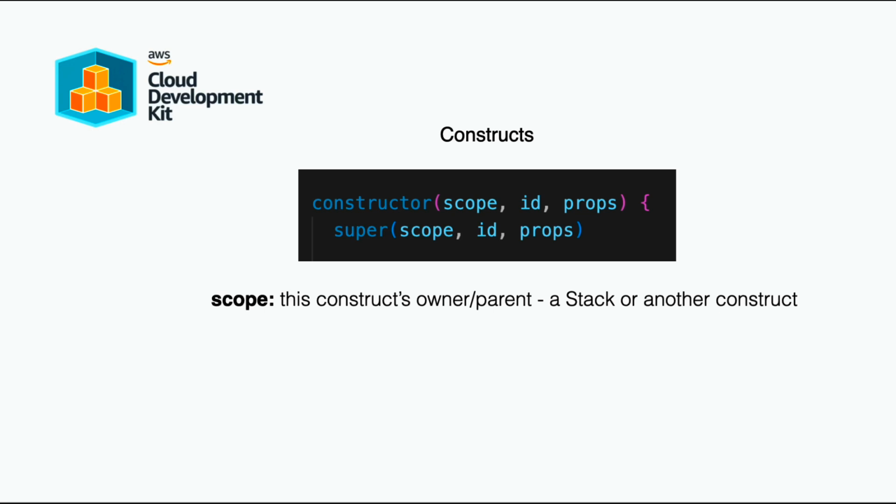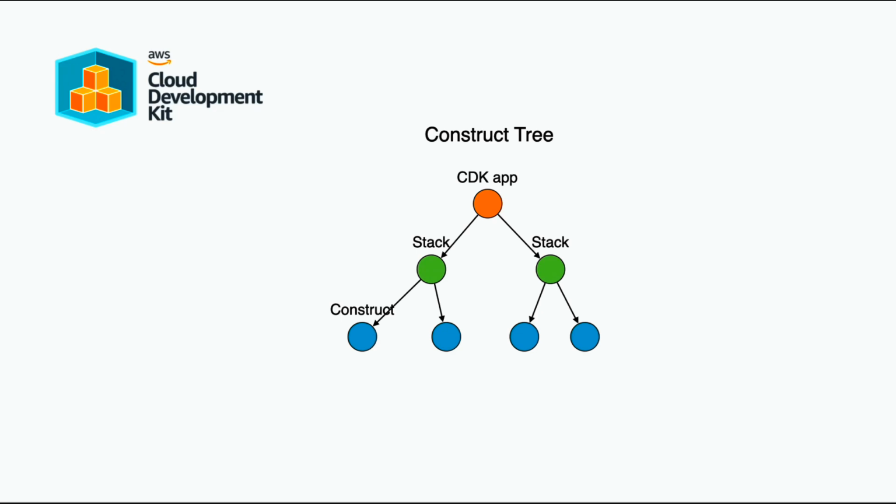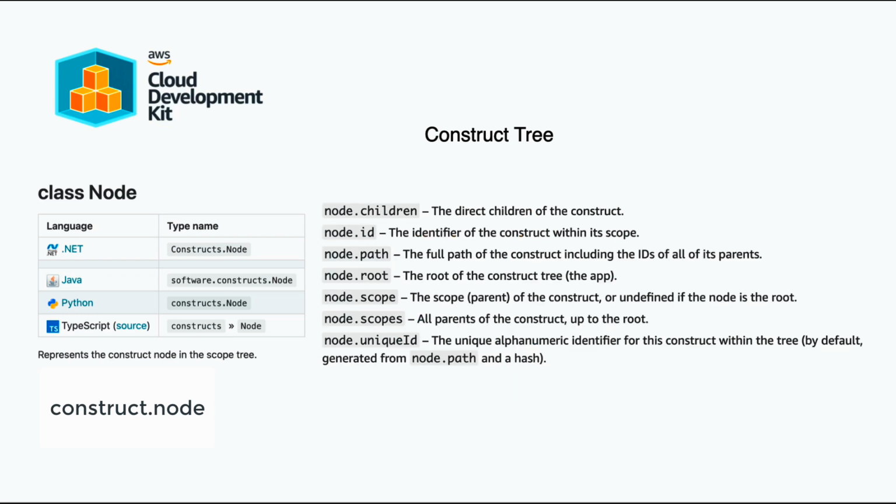And since you can put a construct as another construct's parent, you can put all of your constructs into a tree, where the root of the tree is the CDK app, which can contain one or more stacks, and every stack can contain multiple constructs, and a construct can contain other child constructs, and those children can have their own child constructs, and so on and so on. And it's possible to traverse this tree because every construct has a node attribute that represents the construct in this tree, and it gives you access to the construct's children, path, the root, and so on.